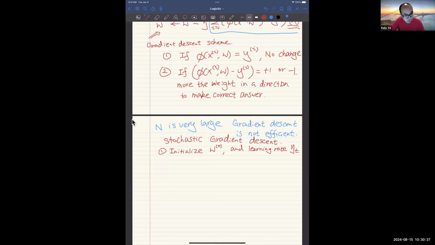So what you do is you repeat until convergence, until the minimum is reached.